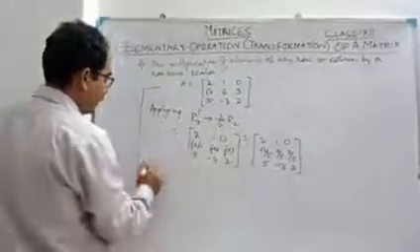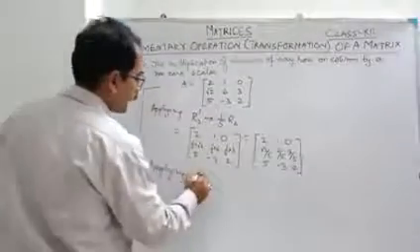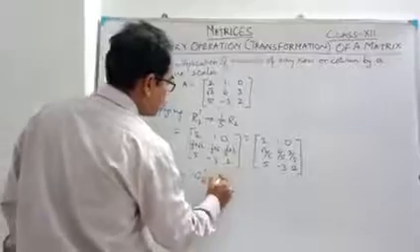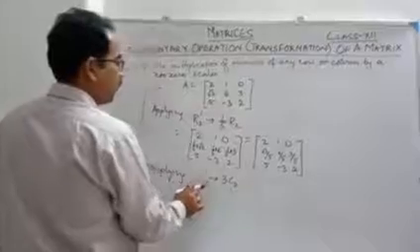Now I am applying, suppose, column operations. Now I am applying, suppose, C2 prime tends to 3C2. Then what will happen? C1 will remain as it is.